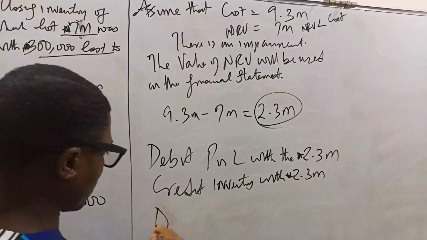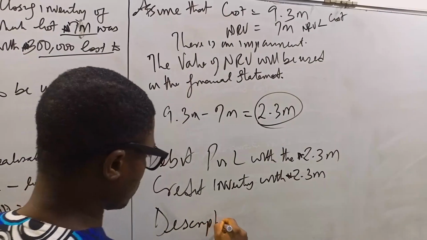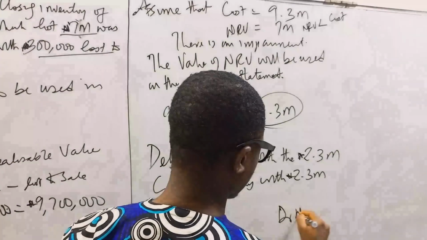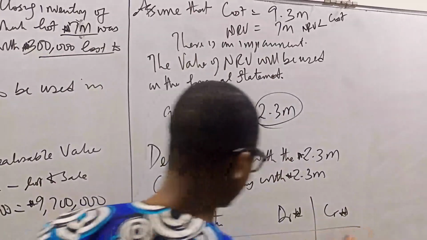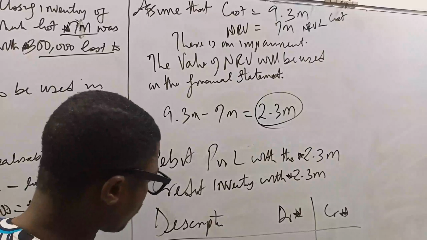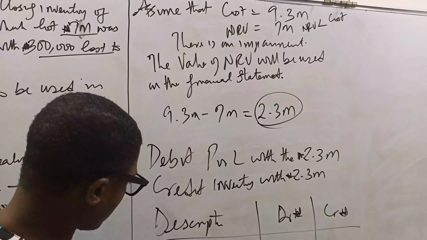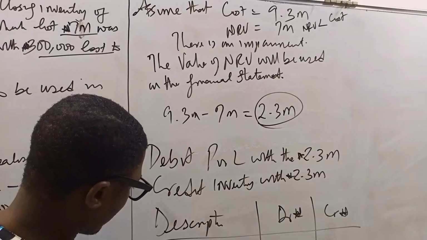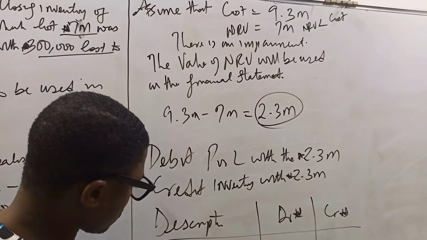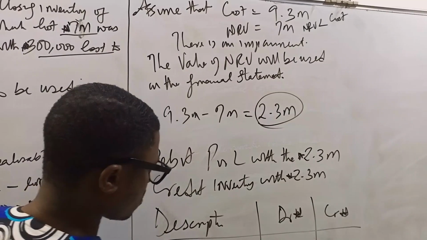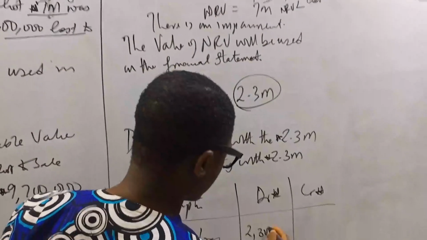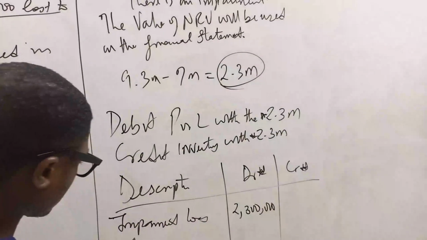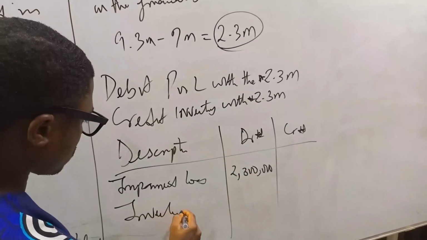Showing this in a journal, that will mean that we have our impairment, and I will credit our inventory.